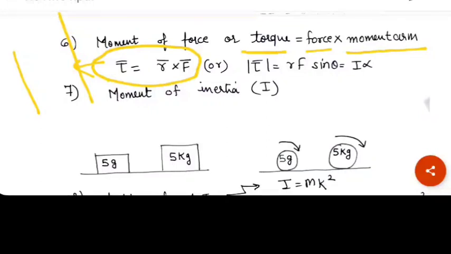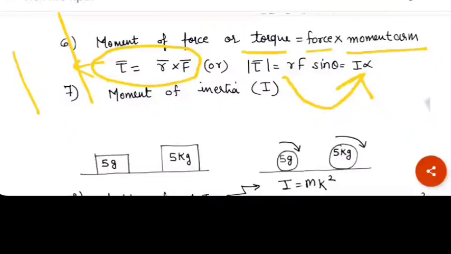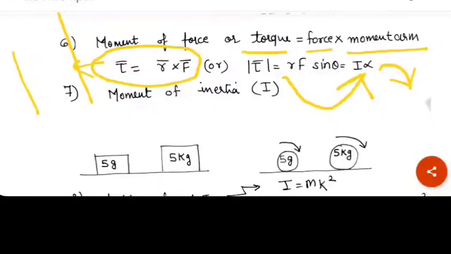Or more conveniently, we can find torque equals I alpha, that is the product of moment of inertia and angular acceleration. Now alpha may take various expressions such as omega 2 minus omega 1 by t or d omega by dt, depending on the problem.